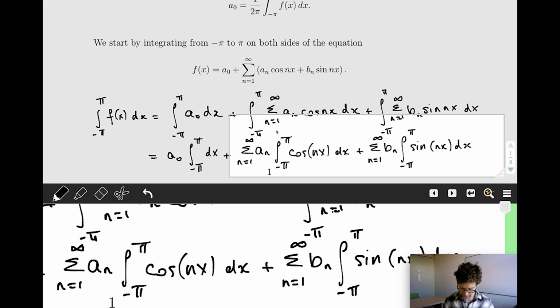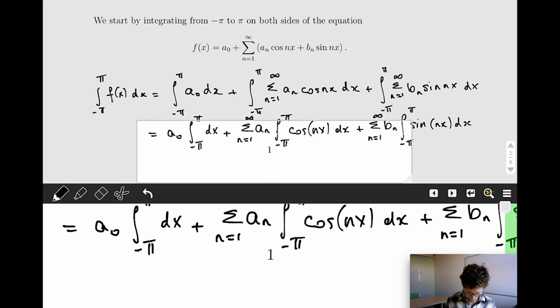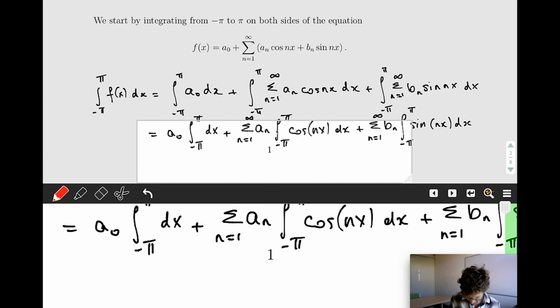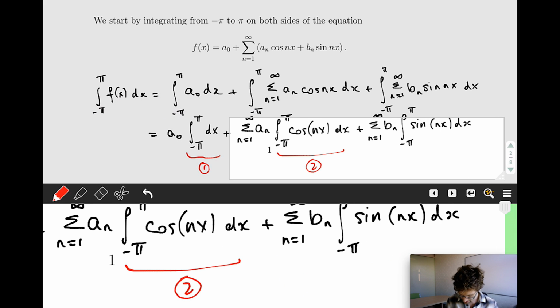Alright, so let's tackle each of these in turn. I'll label them as 1, 2, and 3. So the first integral here is going to be integral 1. Let's just focus on the integral rather than the factor of a0. And the second integral will be integral 2, and the third integral will be integral 3.